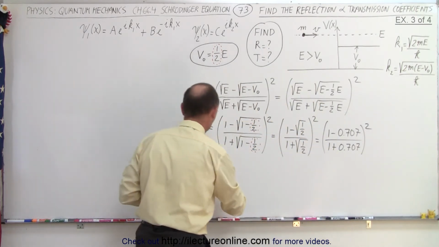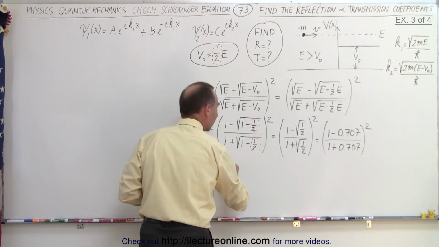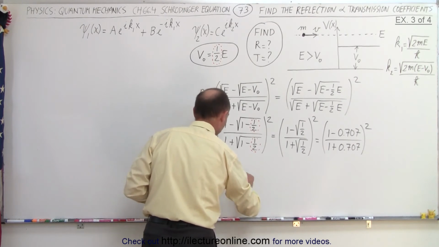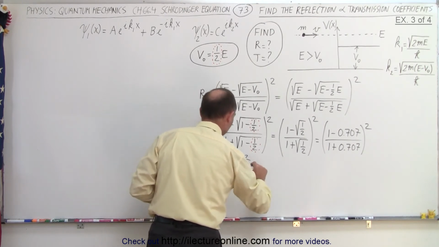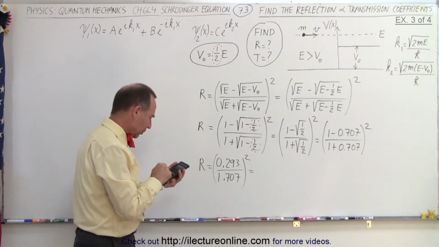And so R is equal to 0.293 over 1.707, quantity squared. And now let's grab a calculator and do that.